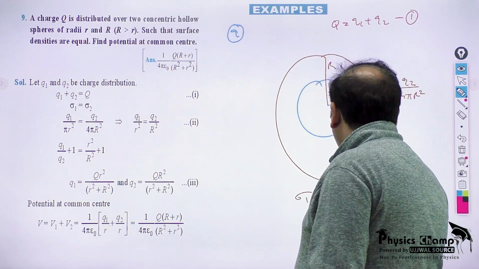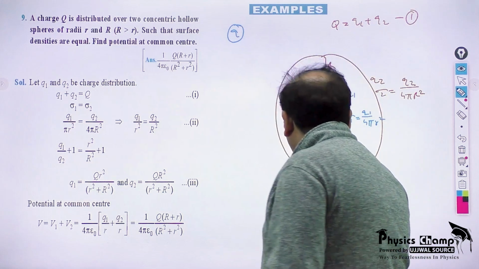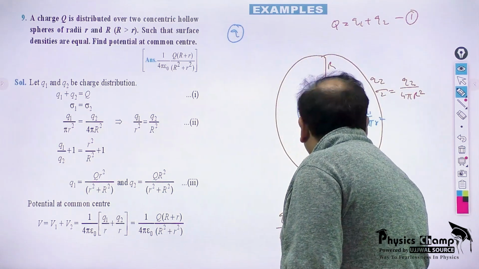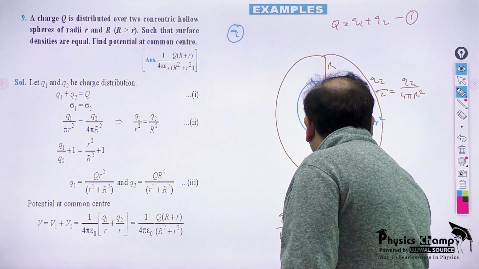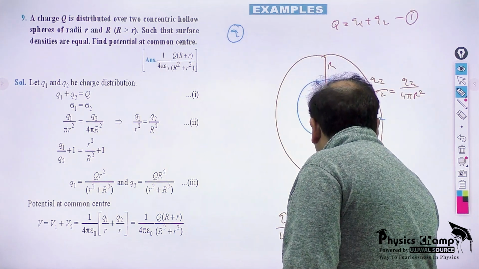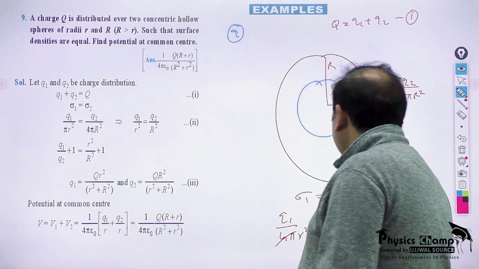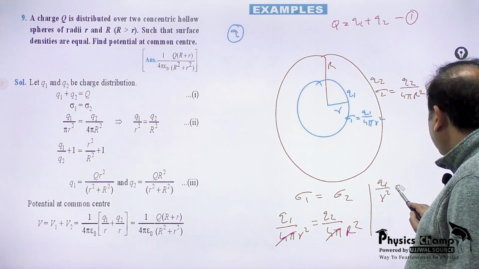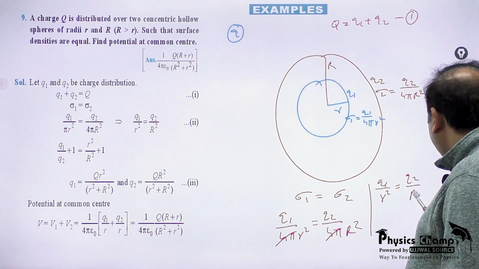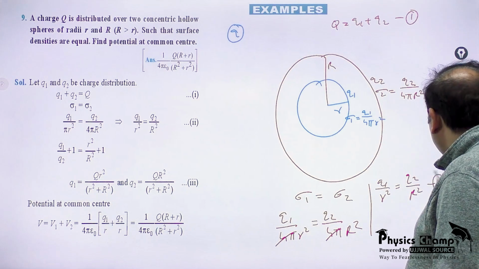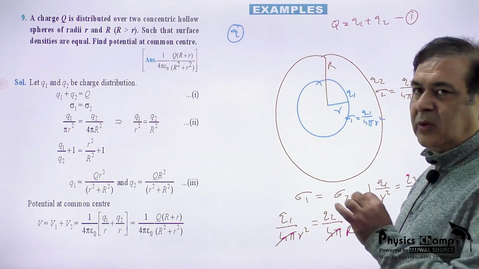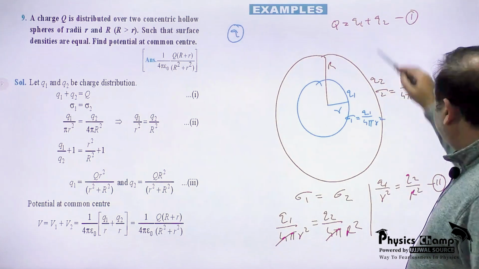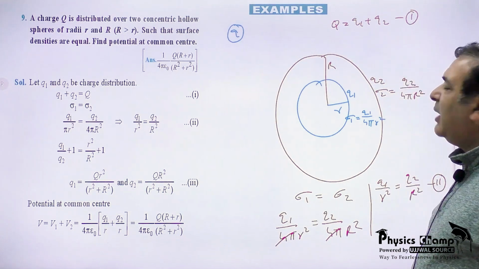It means sigma 1 is equal to sigma 2, or Q1 by 4 pi r square is equal to Q2 by 4 pi capital R square. So we have another relation which says Q1 by r square is equal to Q2 by capital R square. So the two pieces of information are with us. Capital Q is this and the other relation is like this.